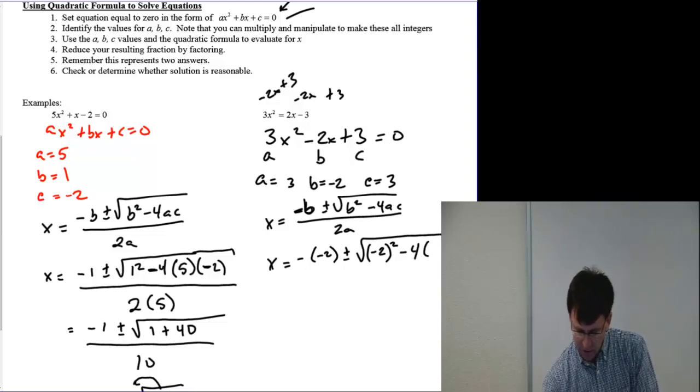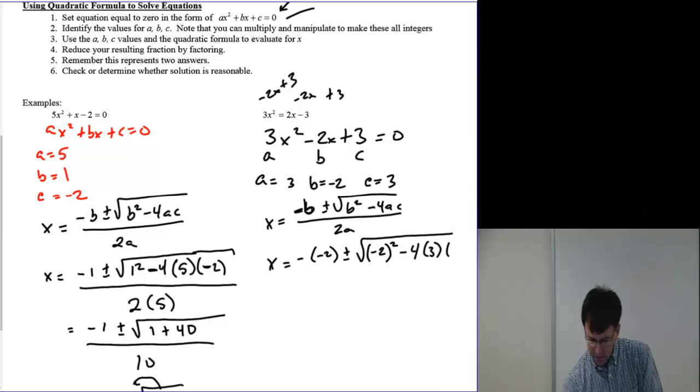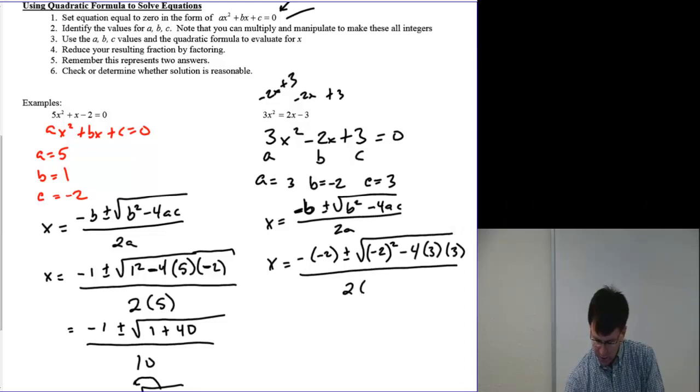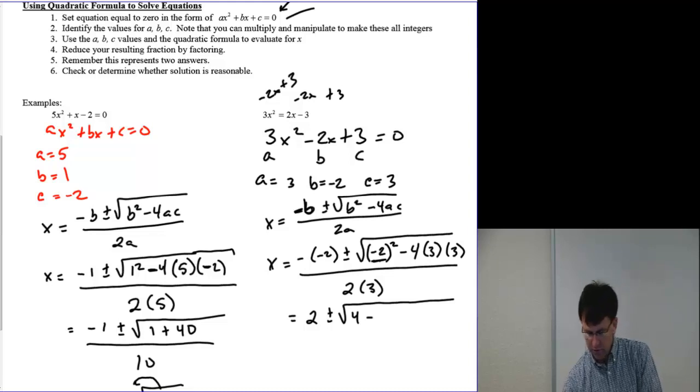Minus 4 times A times C, which is 3, all over 2A, and 2 times 3. Let's see what we've got going on. Well, this negative 2 turns into 2, plus or minus the square root of 4, because that's the negative 2 that gets squared. And in this case, this is going to turn into 3 times 12, 4 times 9, it looks like 36, all over 6.